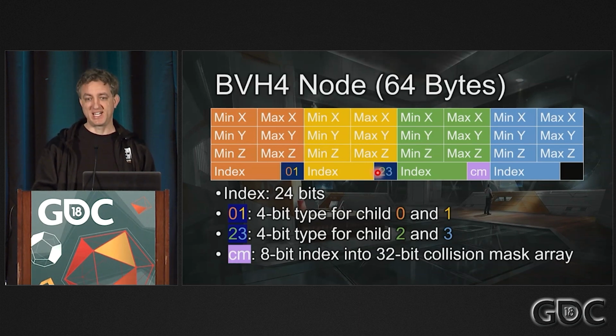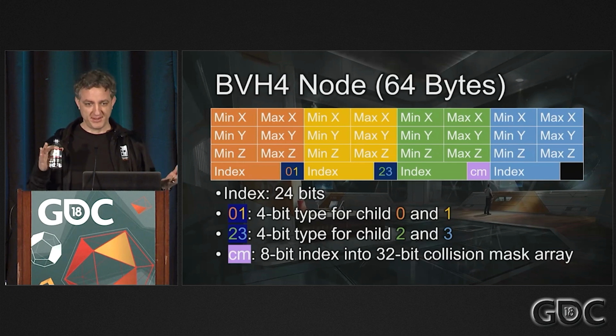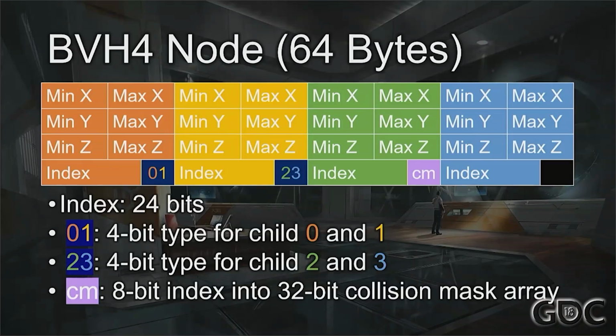Those are the child types. Each one of those is 8 bits, so we have 4 bits per child type. And then there's a collision mask. We use a 32-bit collision mask to decide whether or not we want to collide with this, like Titan only, player only, water only, and so on. There's 32 bits, but we don't use all combinations, so an 8-bit index is enough.